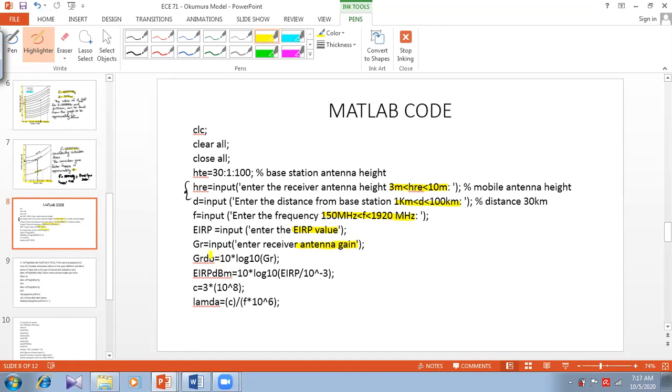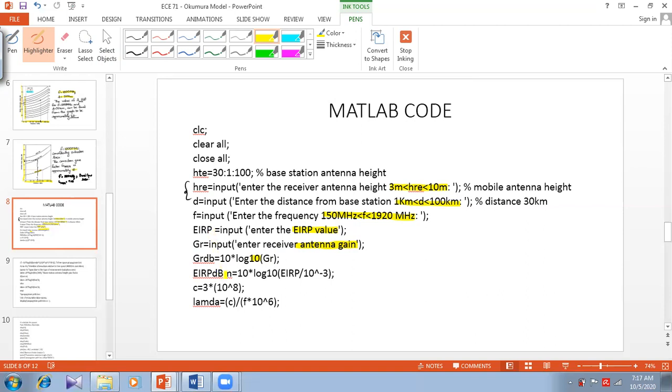And in the formula we are using to find out the median received power, we will be using the value of GR in dB. So the first step is to convert the value of your receiver antenna gain to dB. So we'll just use 10 log to the base 10 of the value which has been given, GR. Now, as I told you earlier, we are not using the value of EIRP directly. We are converting it into dBm.